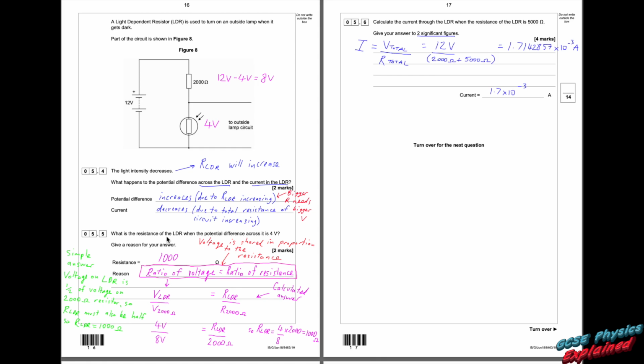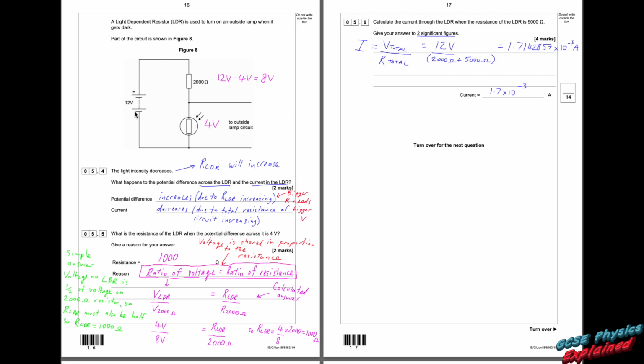What is the resistance of the LDR when the potential difference across it is 4 volts? Right, well, this is all to do with the ratio of the voltages being equal to the ratio of the resistances. Or in simple terms, the voltage is shared in proportion to the resistance. What on earth does that mean? Right, well, it's told you that the voltage on this LDR is 4 volts.